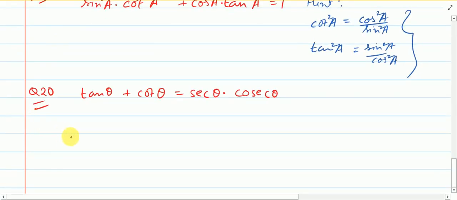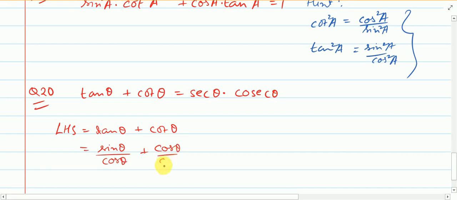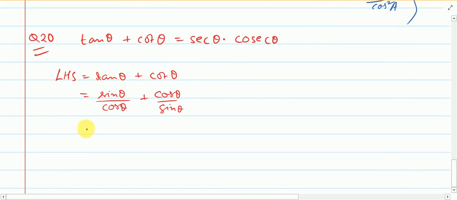Okay, so your left hand side will be equal to tan theta plus cot theta. Tan theta can be written as sin theta upon cos theta, and cot will become cos theta upon sin theta. Now take LCM, that means cross multiply.